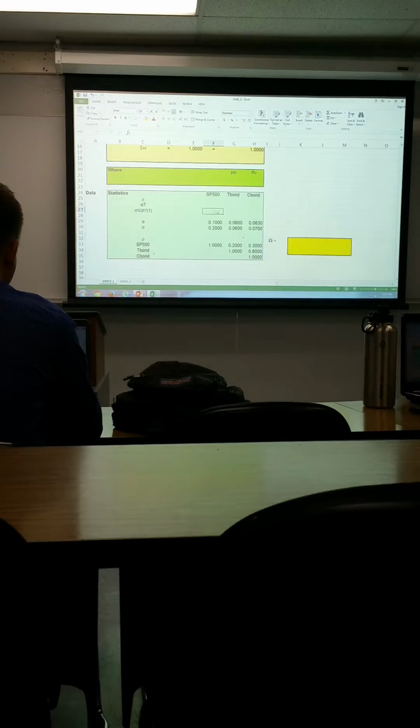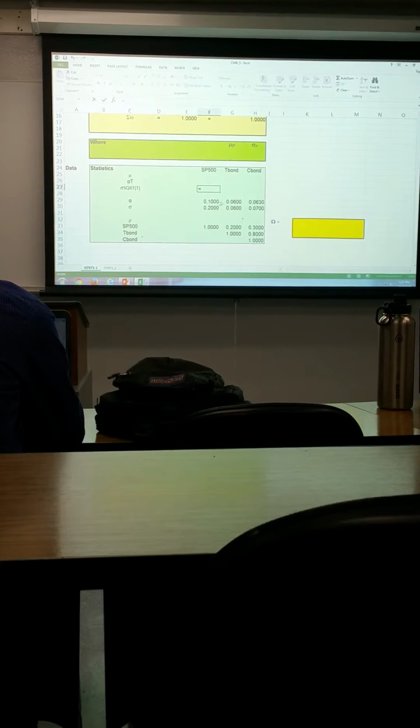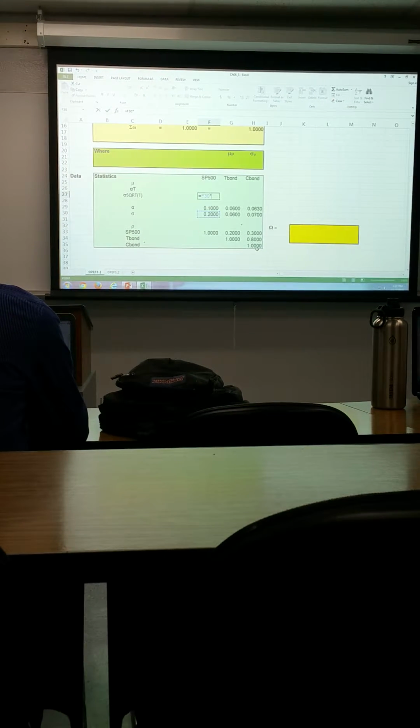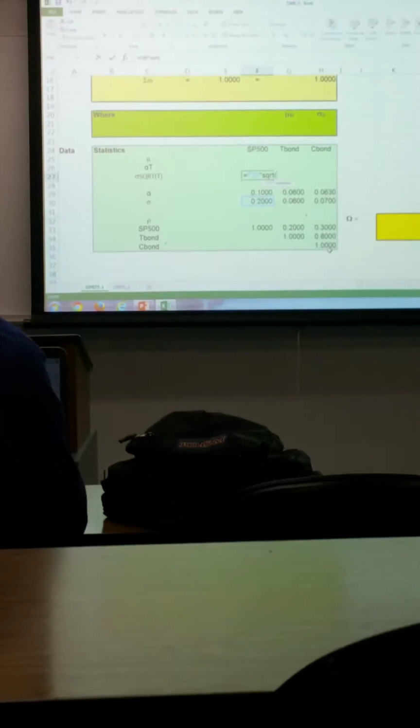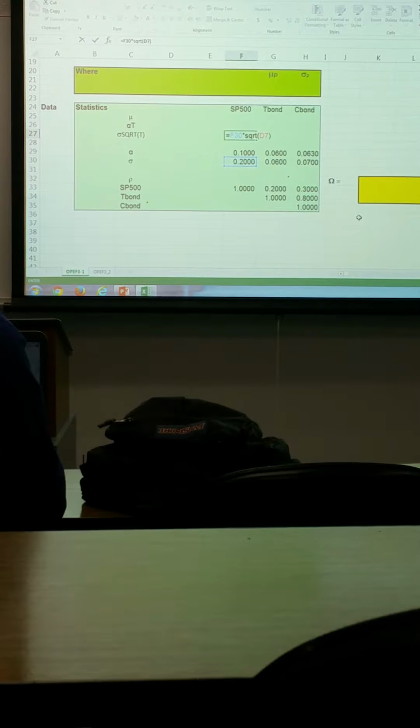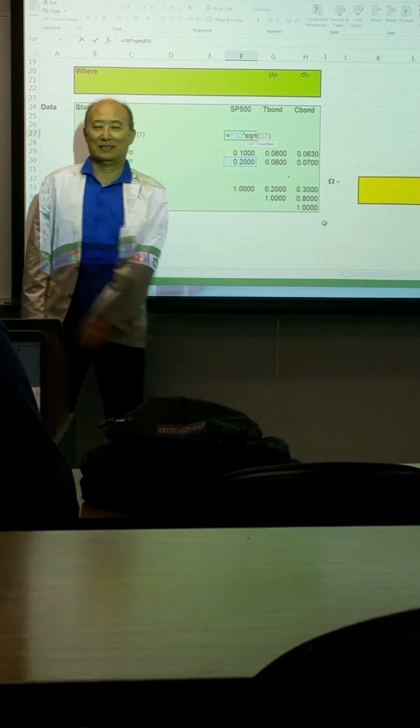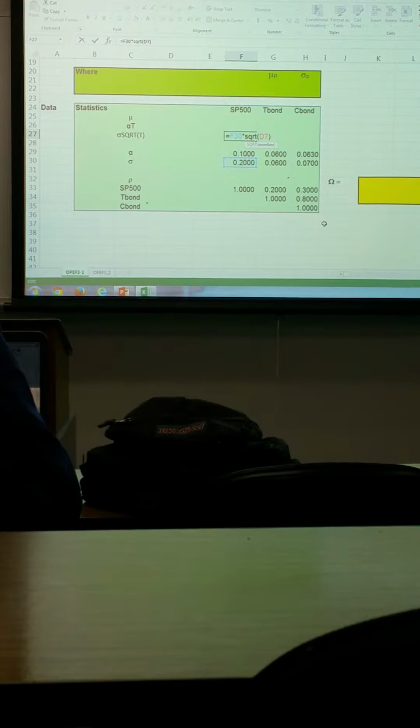Then here, sigma times square root of time 1, and then I need to anchor this, correct? Because I want to copy this to the right side. So F40, you got this name?